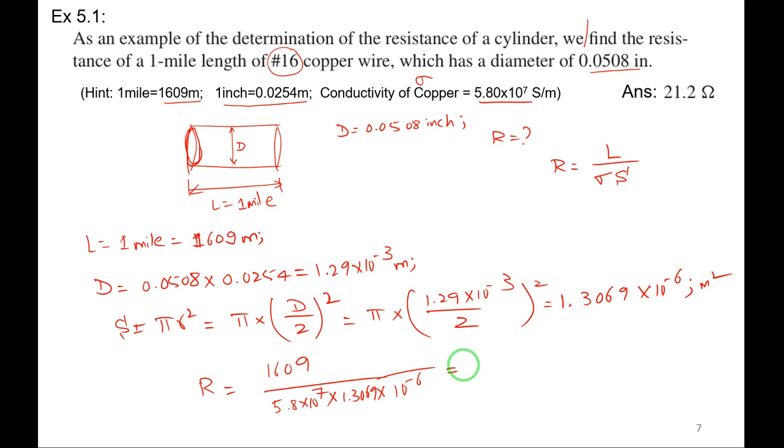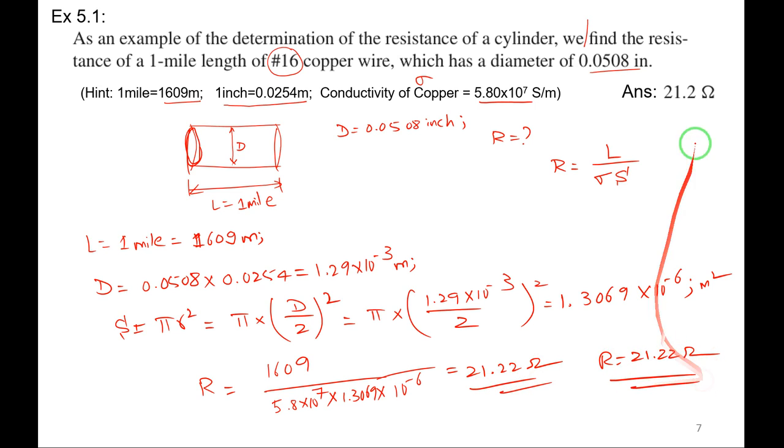So we will calculate this: 1609 divided by 5.8 exponential 7 into 1.3069 exponential minus 6. I am getting 21.22 ohms. So R is equal to 21.22 ohms, right? You can check it.